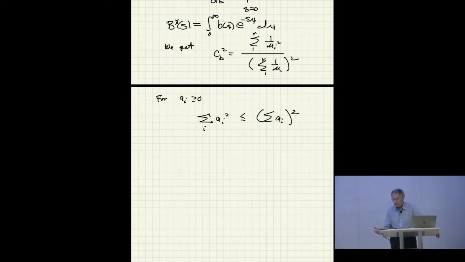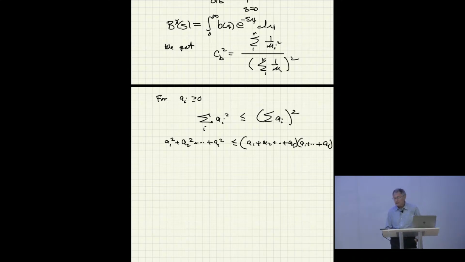Anybody see why? Let me write it out. Left-hand side is A1 squared plus A2 squared plus dot, dot, dot, plus A sub r squared. I'm saying that's less than or equal to the sum of the A_i's, which is A1 plus A2 plus A_r times the same thing, A1 plus A_r.